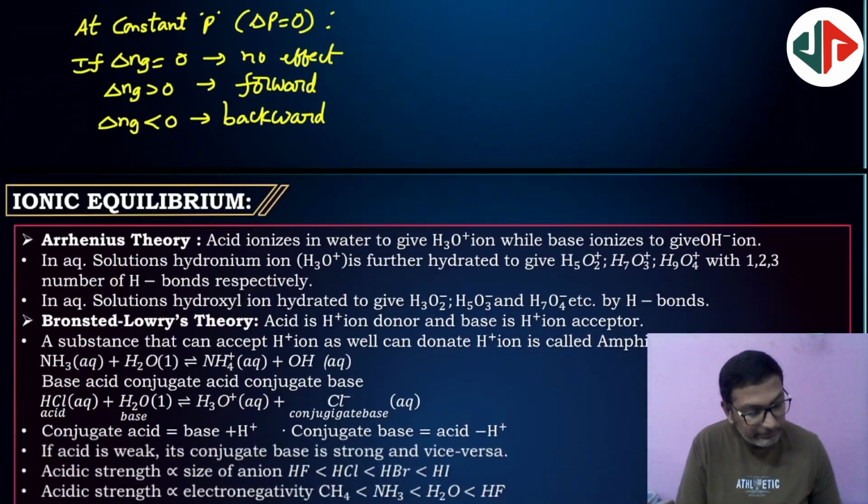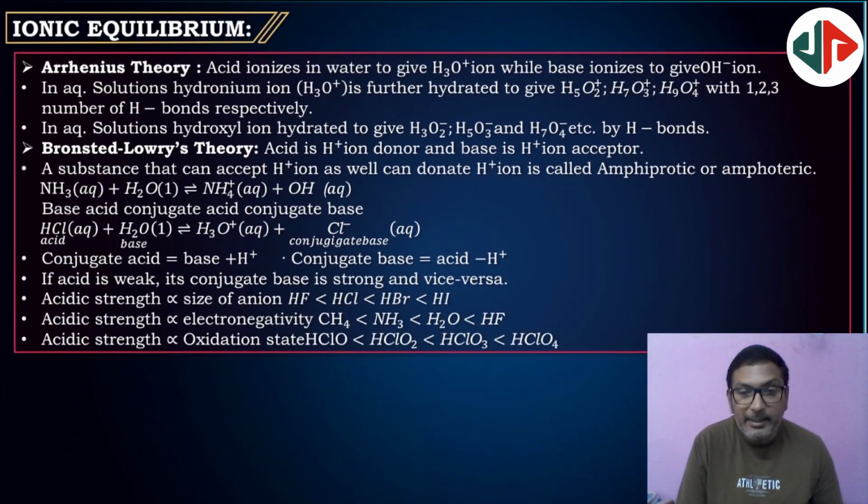Next, ionic equilibrium. Arrhenius theory. So acid gives H plus ions and base gives OH minus ions in water. It is limited to aqueous solution only. Next, in aqueous solutions, H plus exists as H3O plus, H5O2 plus, H7O3 plus and so on.